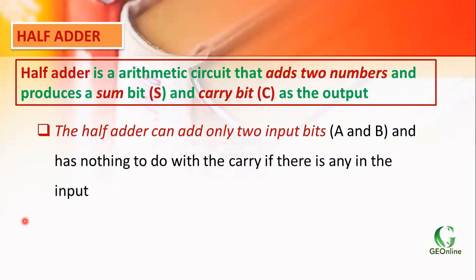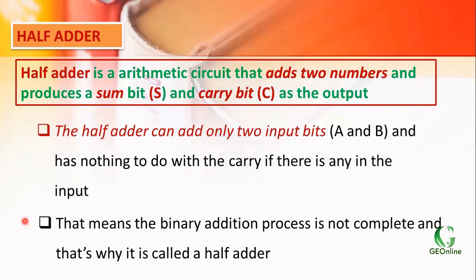That means if there is a carry from the least significant bit to the next significant bit, we have to add 3 digits. But for a half adder, we have only 2 inputs. So we cannot add the carry to the next digit. That is the drawback of this half adder.